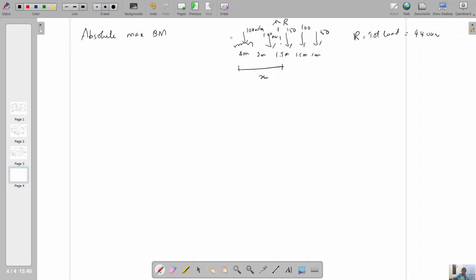Okay. Then taking moment about this point, moment of forces. All the forces rotate about this axis in this direction, only R is rotating in the opposite direction. So 50 is the first load.